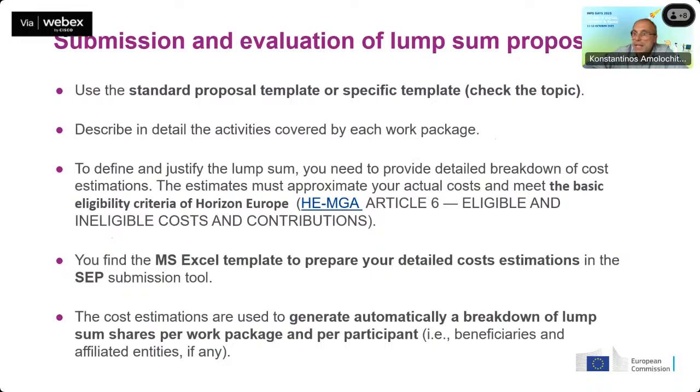Now, the Excel template to prepare and provide detailed cost estimations is found in the SEP, where you extract it. The cost estimations are used to automatically generate a breakdown of lump sum shares per work package and per participant. Next slide.